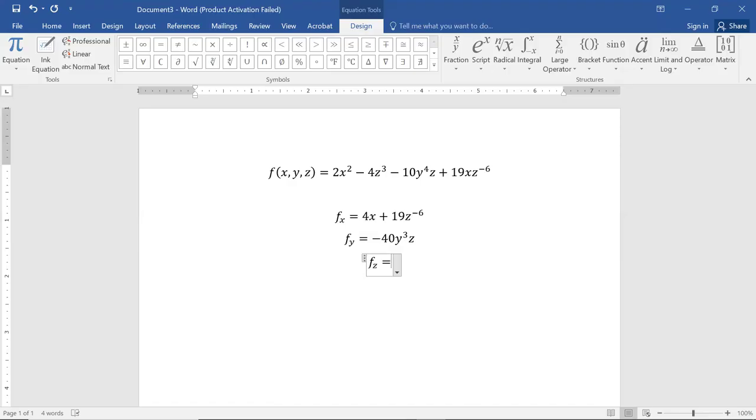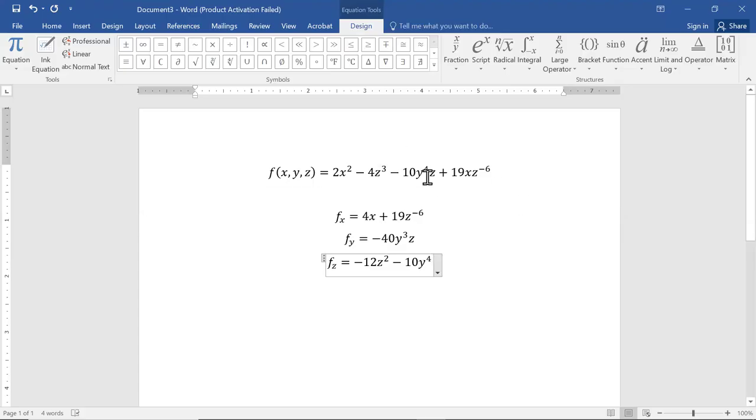F sub z: well, 2x squared is constant with respect to z. Negative 4z to the third is going to give you a negative 12z squared when I take the derivative with respect to z. When I take the derivative of negative 10y to the fourth z with respect to z, I get negative 10y to the fourth.